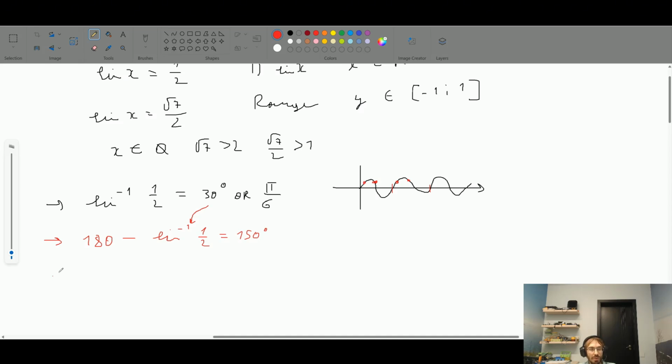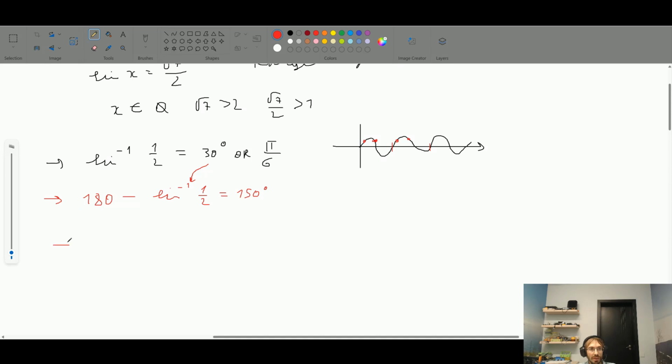Let's rewrite those two series again. So sine x equals 1/2, then x will be either 30 degrees, or the second series, x is 150 degrees.